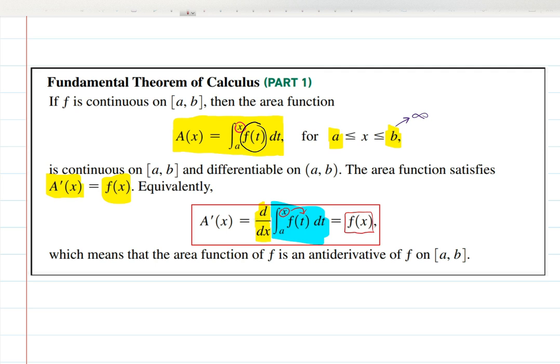So the original function used to be f of t, integral from a to x, and I'm differentiating this integral from a to x with respect to x, then the answer will have the original function, but with this upper limit. That's a pretty cool idea, that we're plugging in the upper limit, which means that the area function of f is the entire derivative of f on the closed interval.